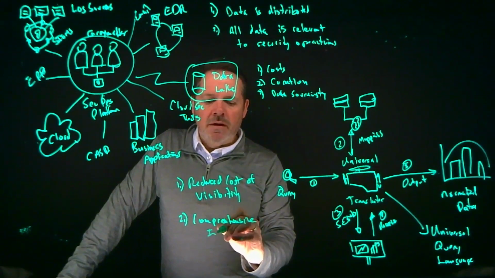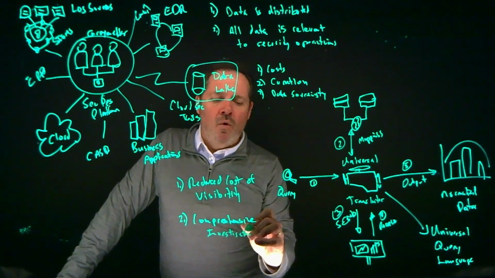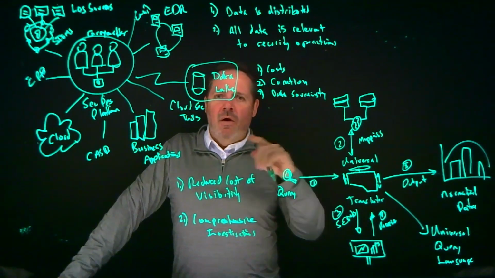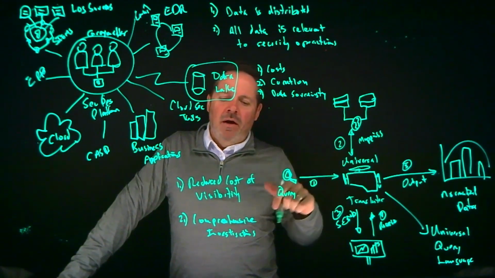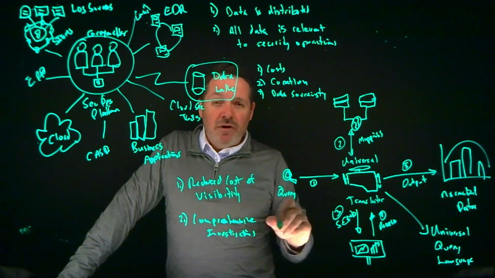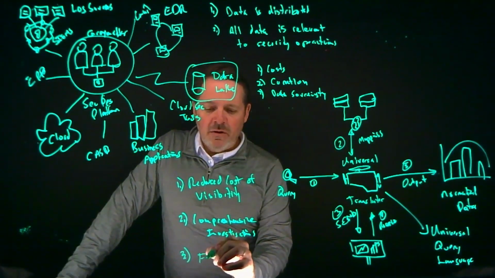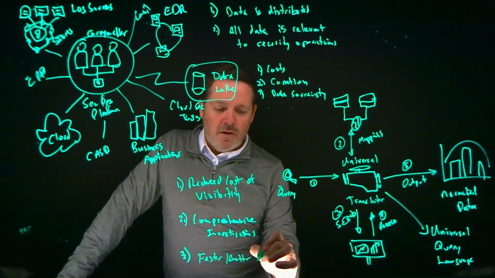Because now when an alert fires in one of your tools, we're not just relying on the data from that one tool to do an investigation. We can pull the data from all your tools using this universal translator to do a comprehensive investigation of what happened. And those comprehensive investigations lead to faster and better alert validation.